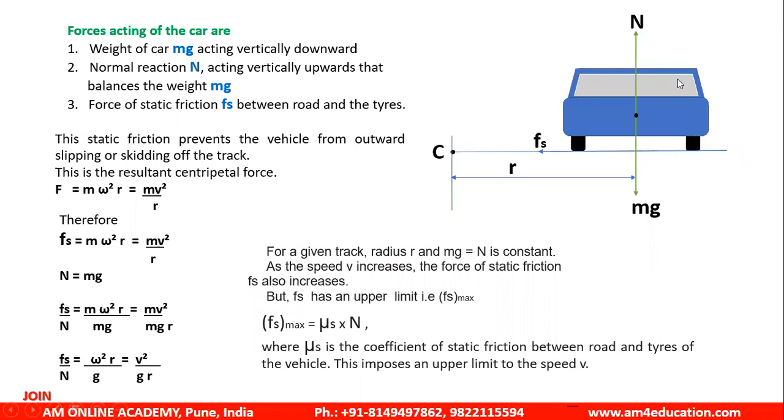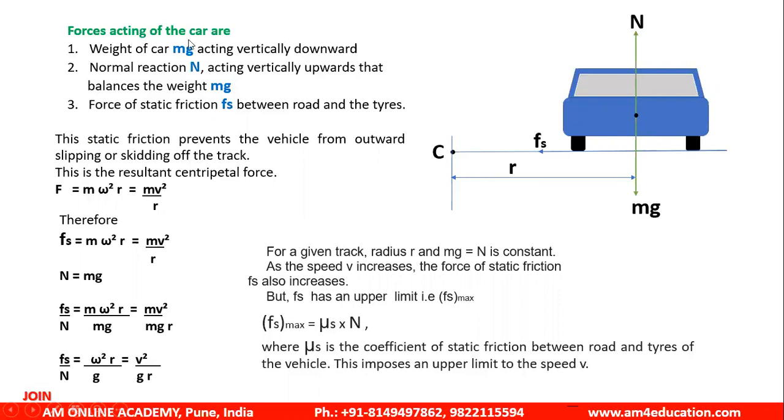Here we have a cross section of a car. Here is the center of mass. From here, the weight is acting downward, that is mg, and the normal reaction is upward, perpendicular to the surface, along mg, directed upward. The centripetal force required for this circular motion is provided by the frictional force Fs, and let r be the radius of the curved track.